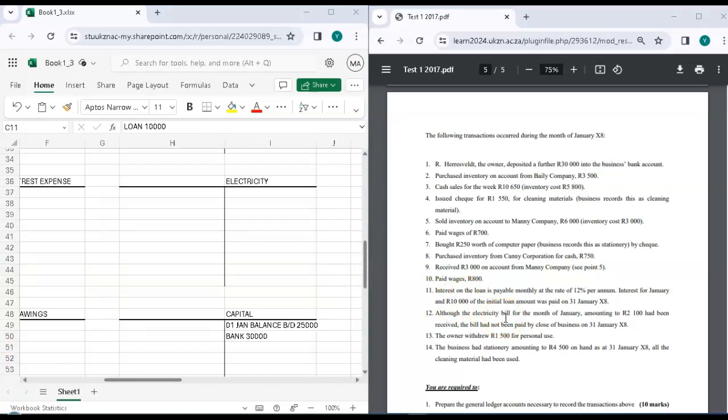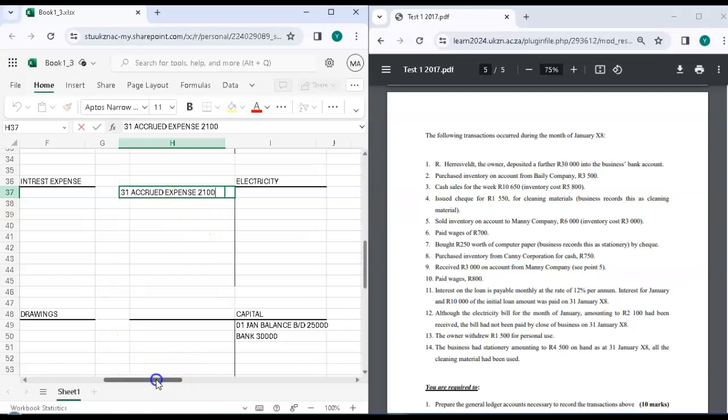Okay, so number 12, electricity bill. Basically you have to pay the electricity bill for that month, but you never paid it. So think, it's an accrued expense, an expense that you should have paid but you never did, right? So it's debit electricity and credit accrued expense, because credit accrued expense is an increase. So debit electricity, the contra will be accrued expense, and the amount is 2,100.